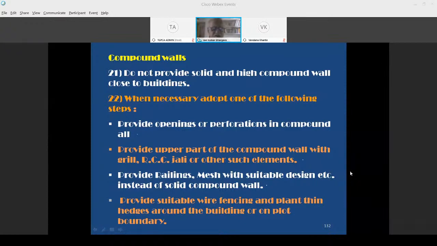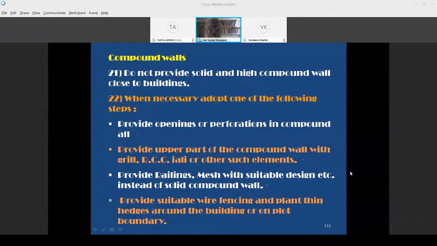And yesterday, whatever we have discussed, in continuation with the same, let us discuss the compound wall. All of us know, for the last, say, a decade or more, suddenly we have started building high compound walls. Nowadays, the height of the compound wall is much more than we used to have earlier.